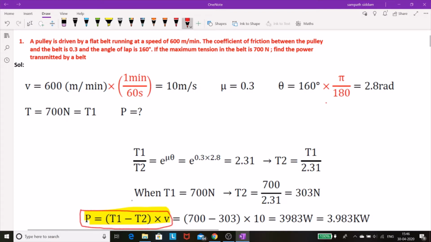So how do you calculate T2? There is a relation for the belt tension ratio. This is a very important relation: T1 by T2 is equal to e power mu theta. Please do remember this relation.